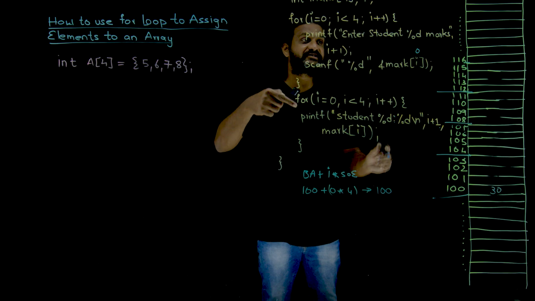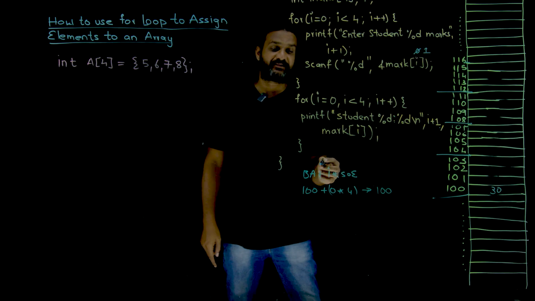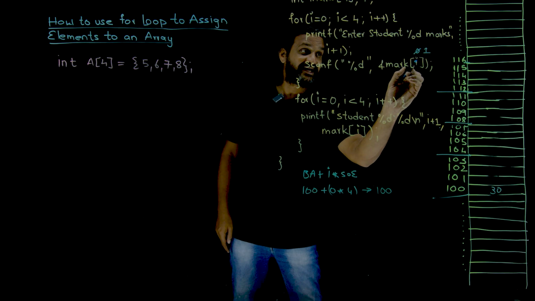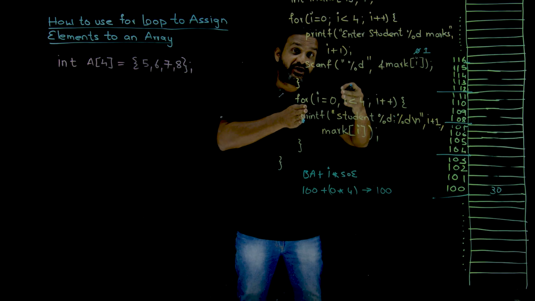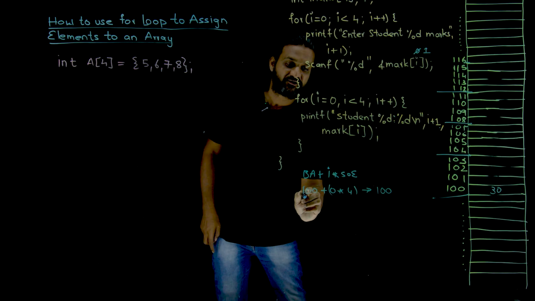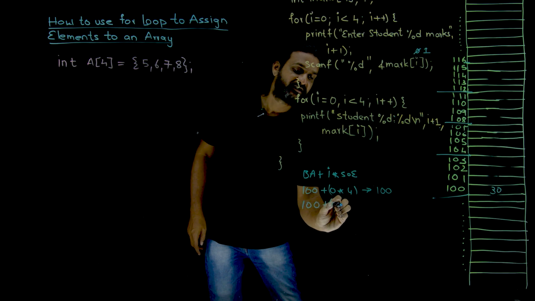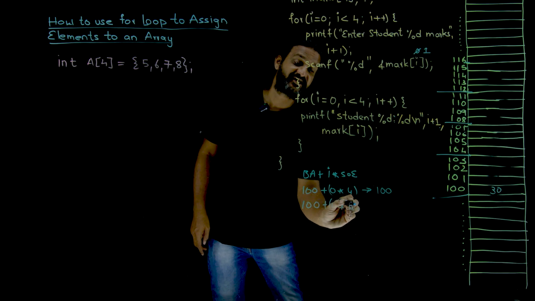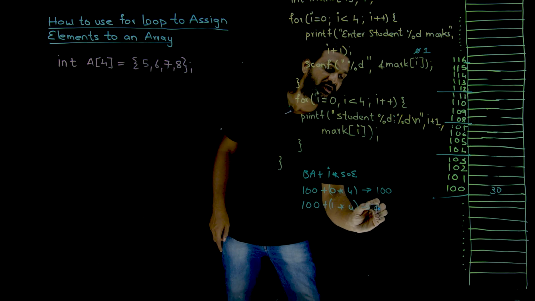In the second iteration, where the value of i is equal to 1, marks of 1 is the place where the next student's marks are to be stored. How is that calculated? It is 100 plus 1 into 4, which is 4 plus 100, which is 104.